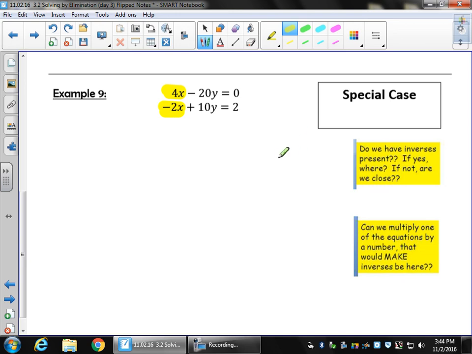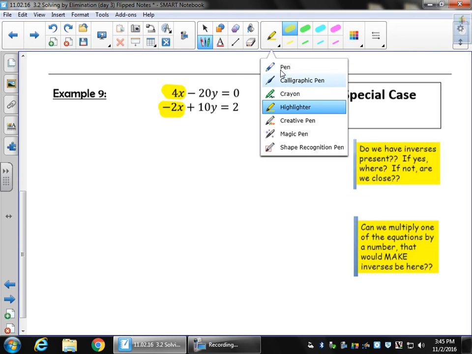Do we have inverses? No, because this is a 4 and this is a negative 2. I would need a positive 4 and a negative 4. Here I have negative 20y and a positive 10y. For my y's to be inverses, I would need a negative 20y and a positive 20y. So no, there are not inverses.